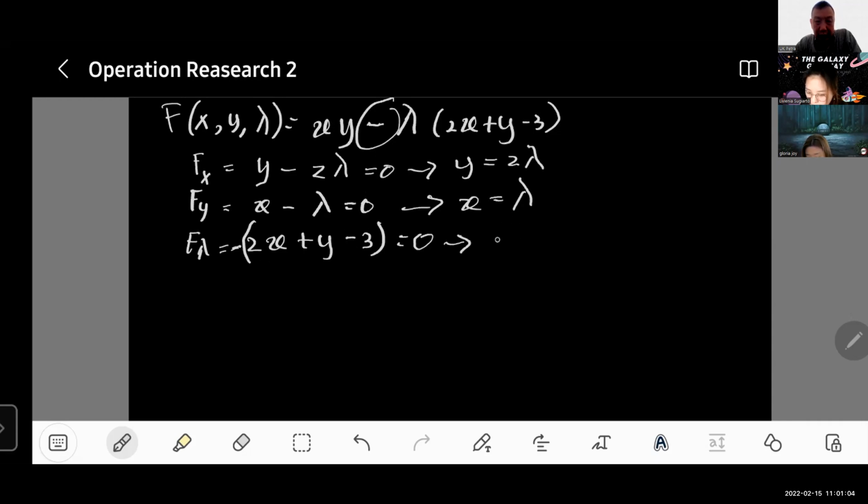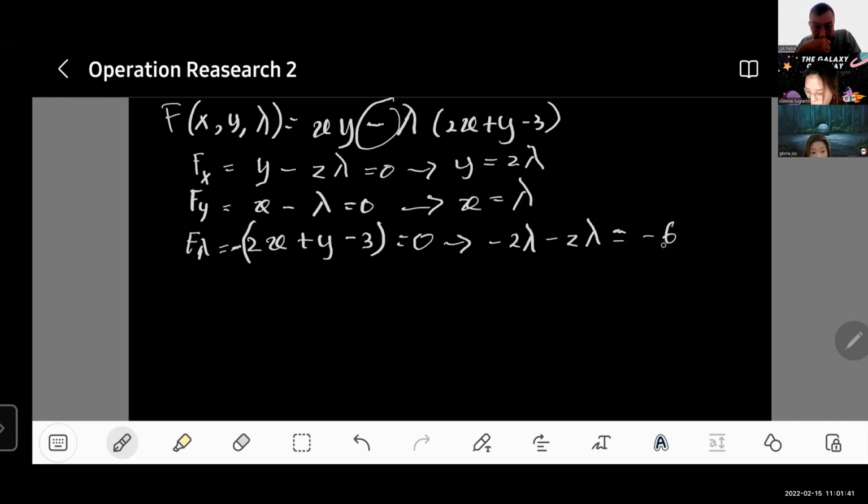So minus 2x, minus 2 lambda, and then minus 2 lambda again, and then plus 3 equal to 0.